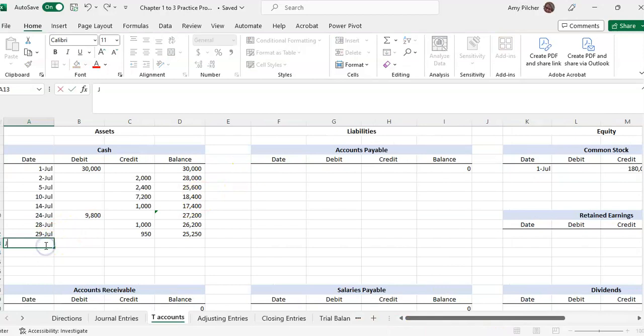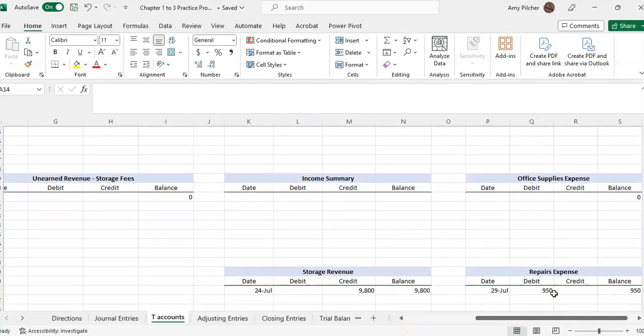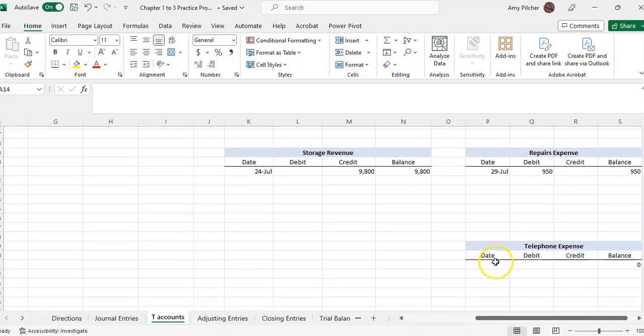We have 30, paid out 400 in cash, balance minus the credit out. Redoing that balance every time we do a transaction is just going to help us in the future. So we have a debit of $400 to our telephone expense.